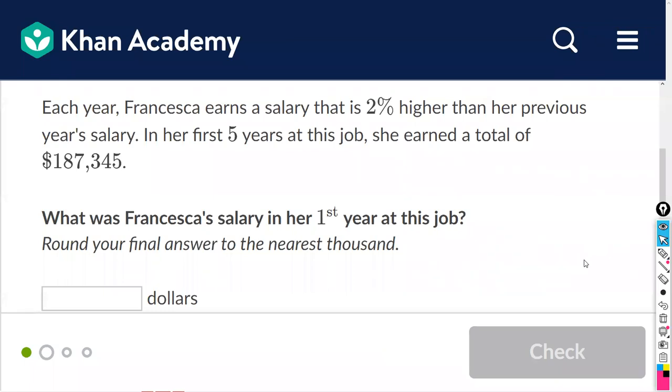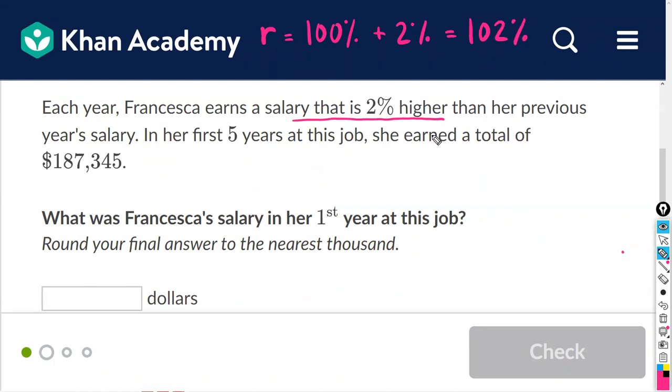So first we want to find what we're multiplying by each time. It says the salary is 2% higher each year. So R, the number we're multiplying by, we're going to start with 100% of the salary, and we're going to add 2% each year. 100% plus 2% is going to be 102%.